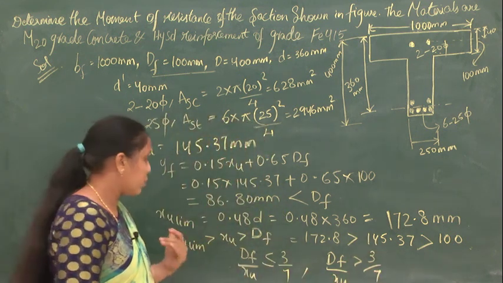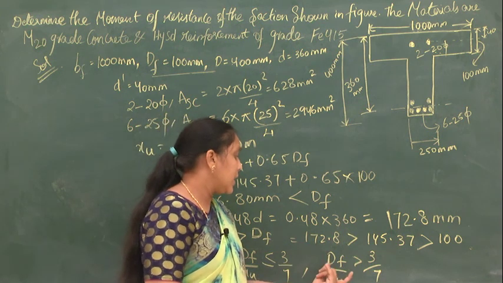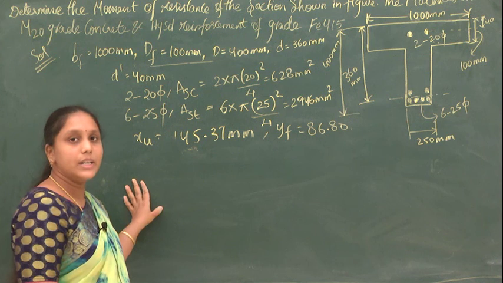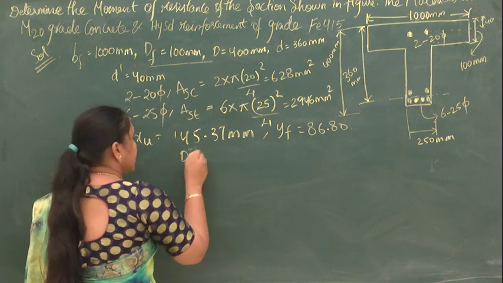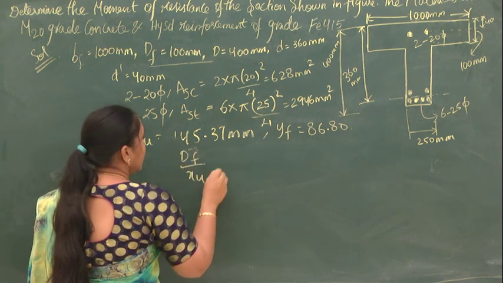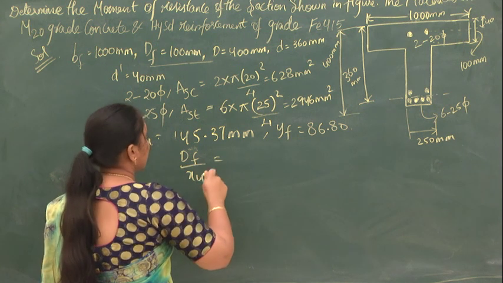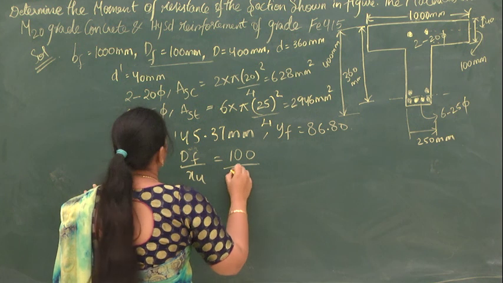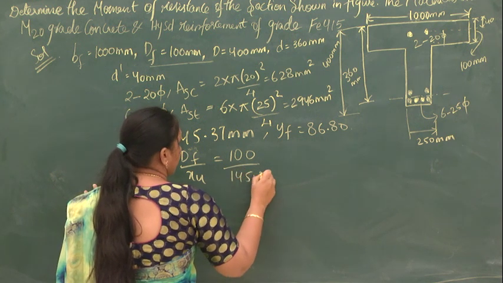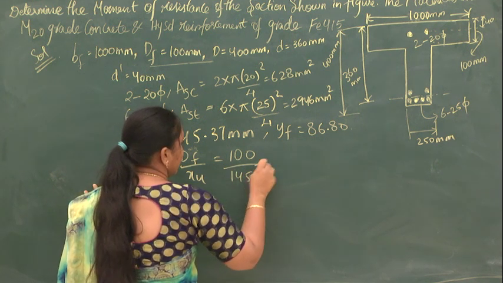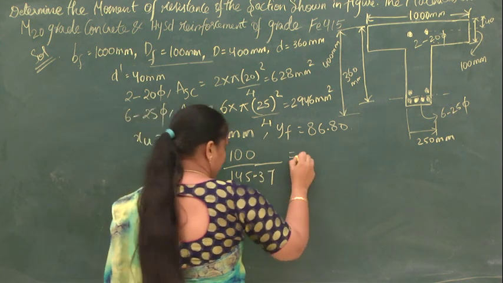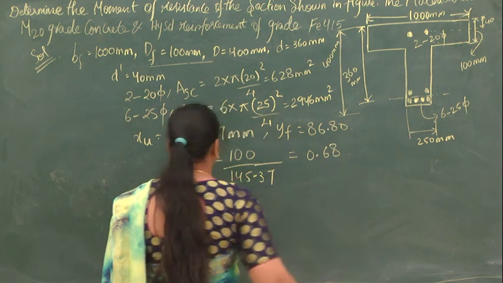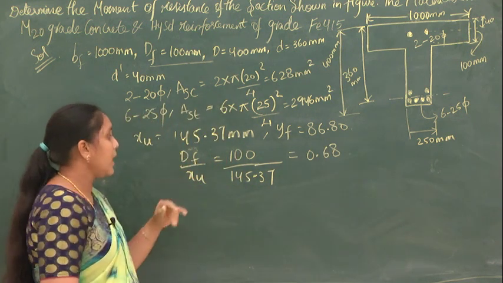Now next we have to calculate the DF by XU value. So DF by XU is equal to, what is DF? It is 100. What is the XU? It is 145.37. So this will be equal to 0.68. This is your DF by XU value.